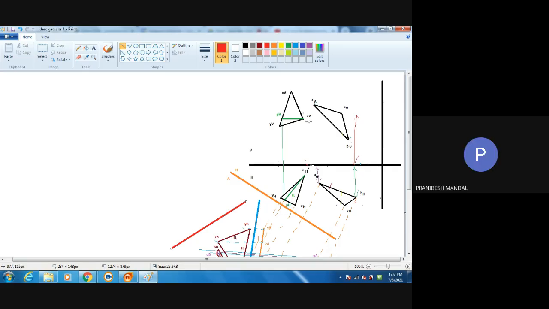But here we are actually having another line on the plane, this GMT line, which is by default parallel to the VH intersection. Instead of taking XY in the true length, if I take ZP in the true length, then also one line of this particular plane is in the true length.